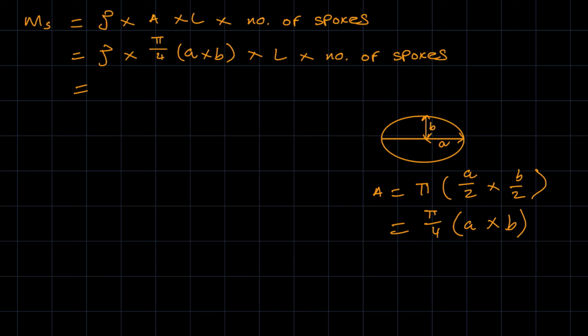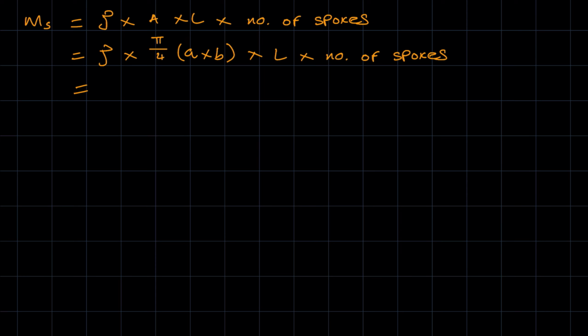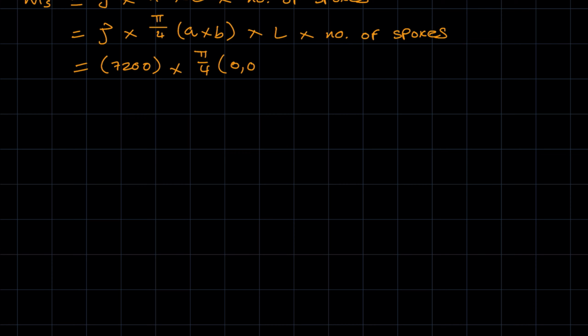And now we substitute. So this here is 7200 times pi over 4 into the 50 millimeters, which is 0.05, times the 40 millimeters, which is 0.04, times the length of the spoke.